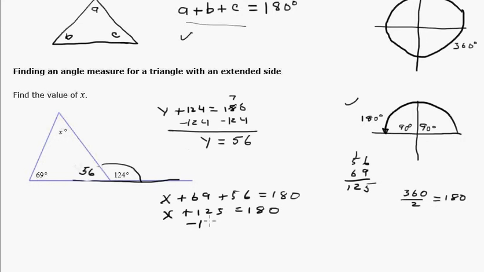So subtract 125 from both sides. I get x equals 80, take away 20 is 60, take away 5 more, it should be 55. Let's see. 10, take away 5 is 5. 7, take away 2 is 5. So x equals 55. So now we know that this is 55 degrees. Okay, so that's what we do.